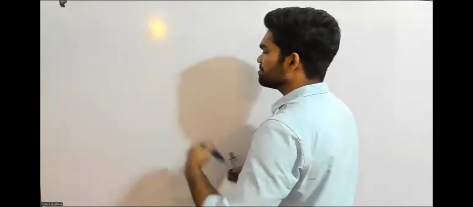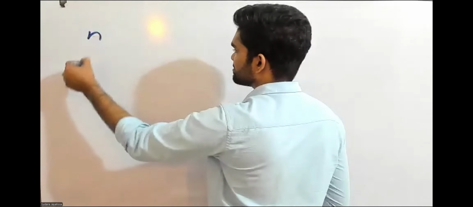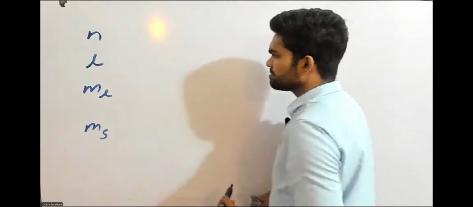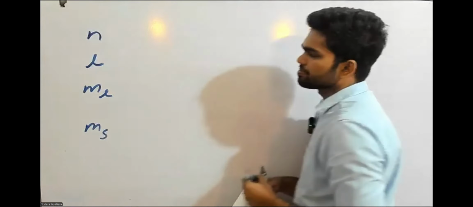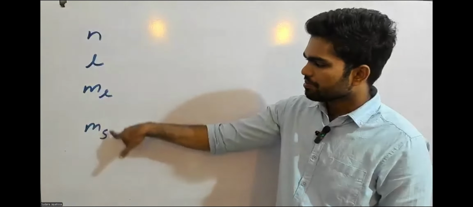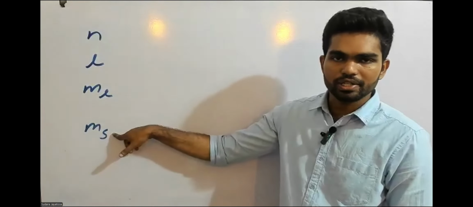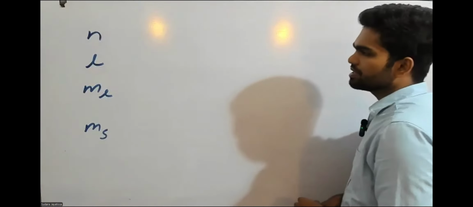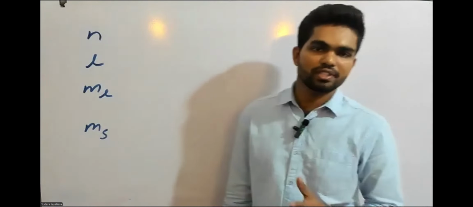For them we have these symbols n, l, ml and ms. Those are the 4 quantum numbers, and each quantum number represents something specific.